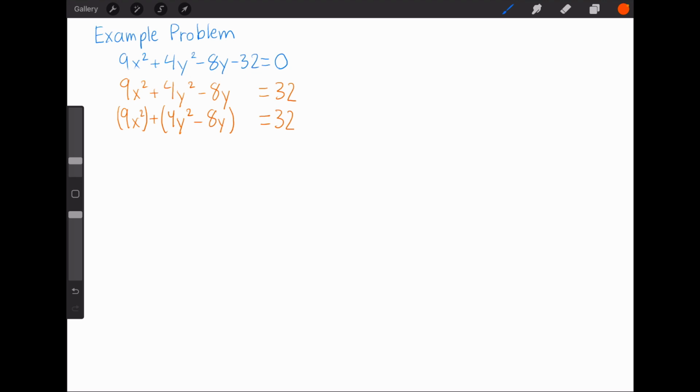My third step would be to factor out 4 from 4y squared minus 8y. This would transform the equation into 9x squared plus 4 times (y squared minus 2y) equals 32.